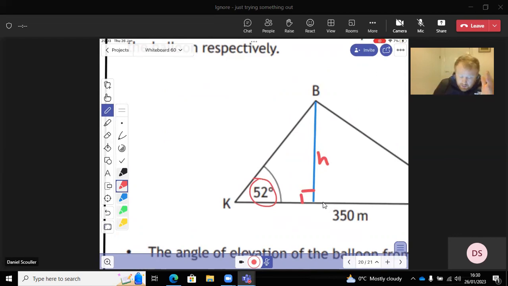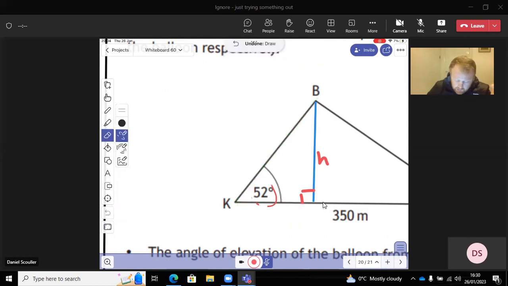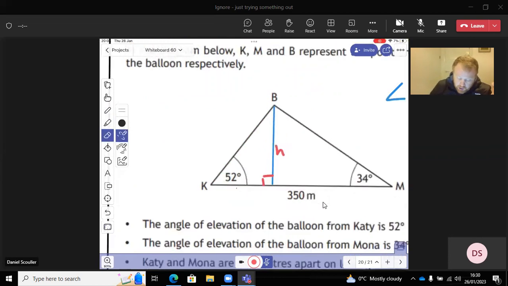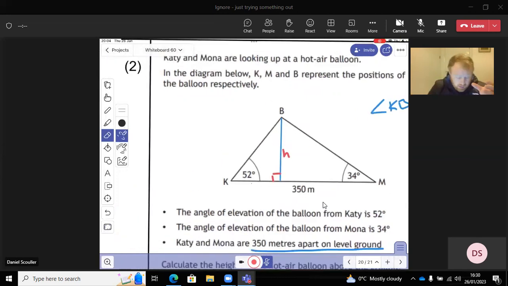So we either need to work out the length of this side here or this side here, KB. Now, do we have enough information in the full triangle to allow us to work out the length of KB?